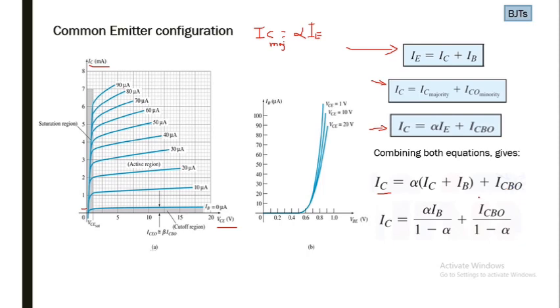And with little math and rearranging, we will get this equation, that is IC is equal to alpha IB over 1 minus alpha plus ICBO over 1 minus alpha. You can easily get this by multiplying alpha to IC and bringing it over this side, and then taking IC as common, you will have 1 minus alpha, and then you can divide on other side.